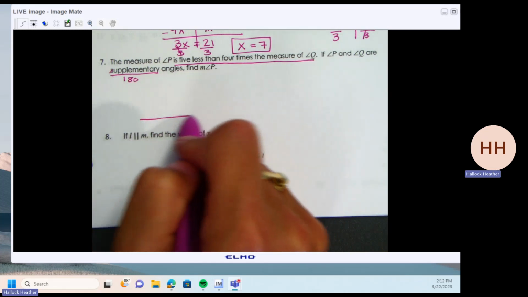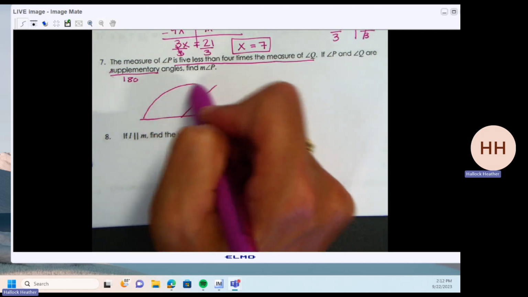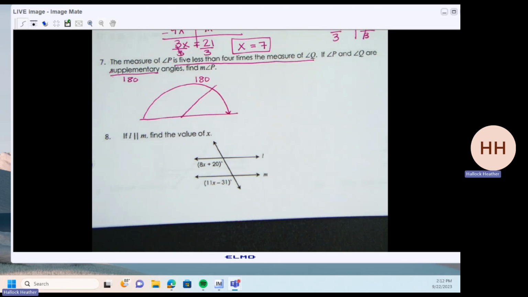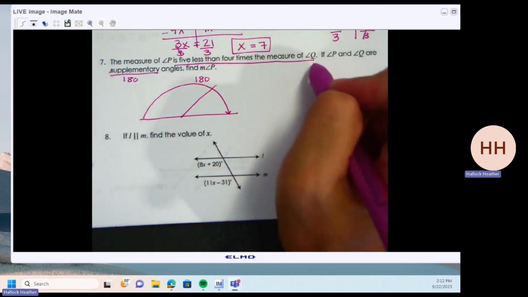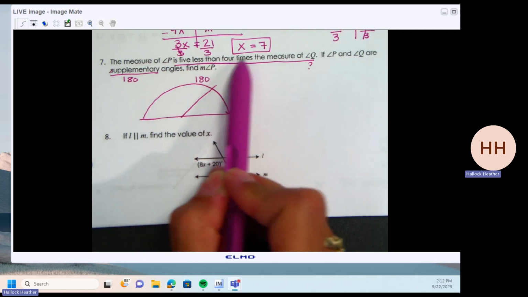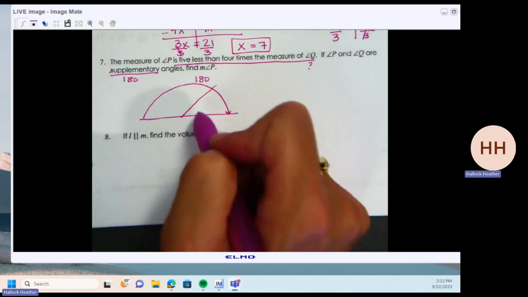So if I draw a picture, I know I have 2 angles in total that need to make 180. I don't know anything about Q. It says P is 5 less than 4 times Q. If I call Q x, one of the angles is just x.